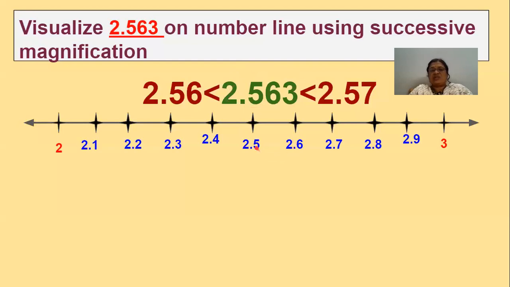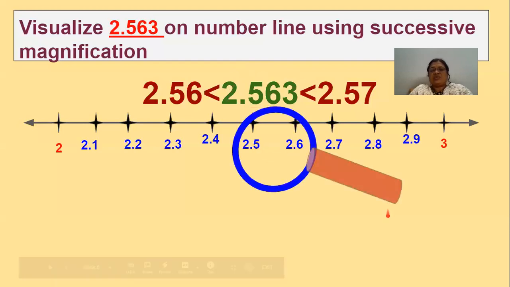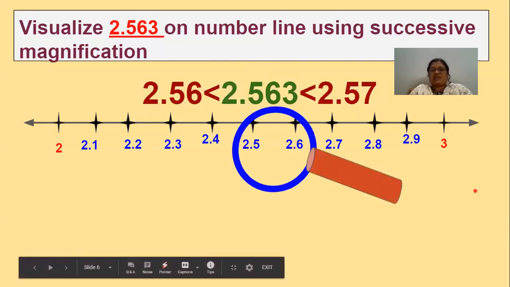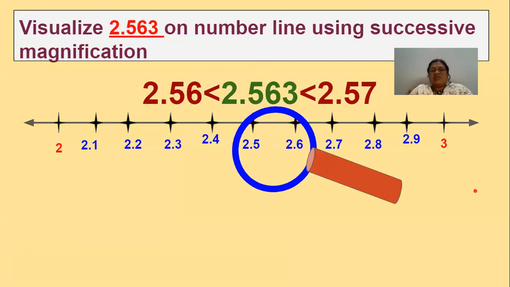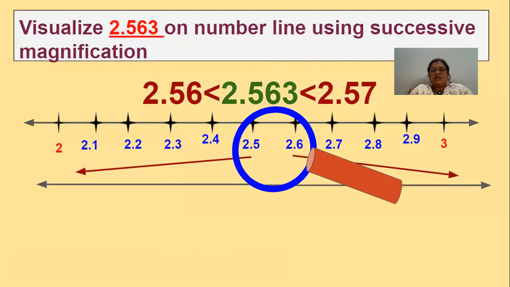These 2 points. Let us see through a magnification glass. So when we see through a magnification glass, we can observe again like this 10 equidistant points.